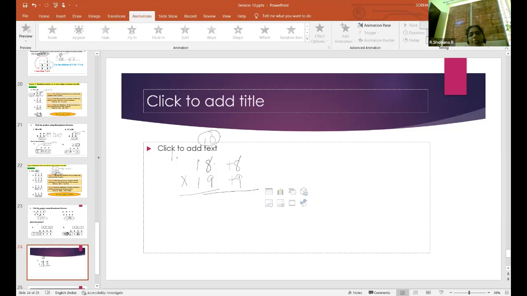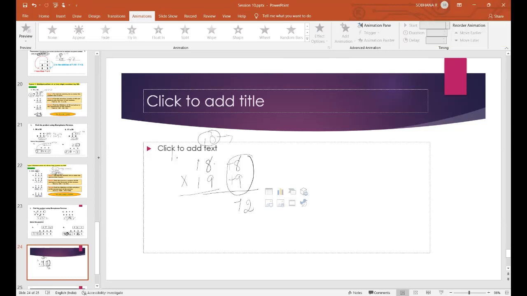One is the product of these two, which would be 72. The other one would be: from the base, you add all this, 10 plus 8 plus 9. How much would that come to? 27. This would be the answer.